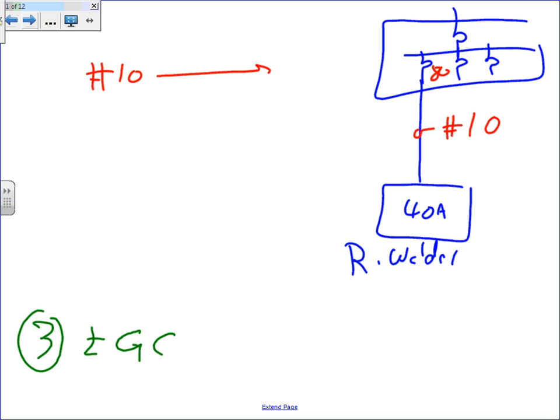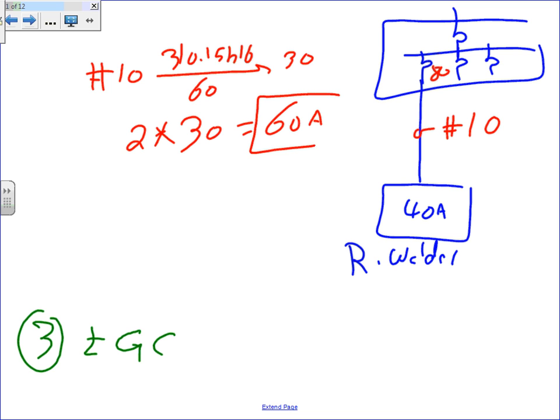So here's number 10. Chris, how much current can number 10 carry? 310.15 B16, 60-degree column. 30 amp. Okay, Chris, take the 30 amp and multiply it by 2. What do you get? Now we're in trouble. You've got 60 amp. The maximum that you can protect this conductor based on these circumstances is a 60 amp fuse or circuit breaker.